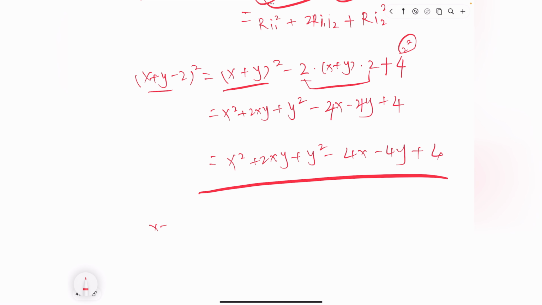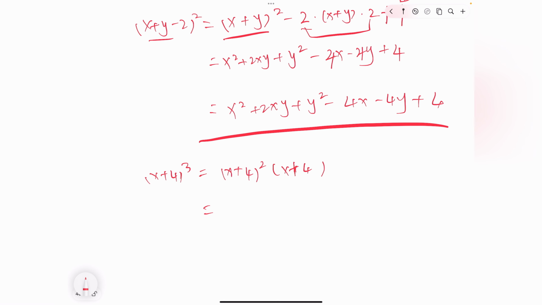Next one's a cube, (x + 4) cubed. So we could do the square first, (x + 4) squared, then times (x + 4). So that would be (x squared plus 8x plus 16)(x + 4).